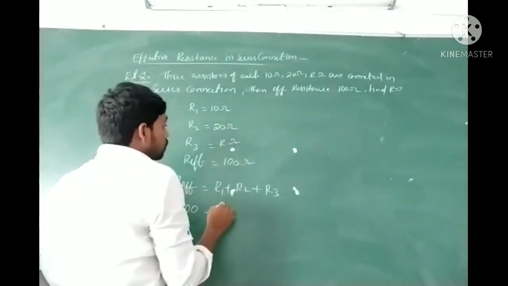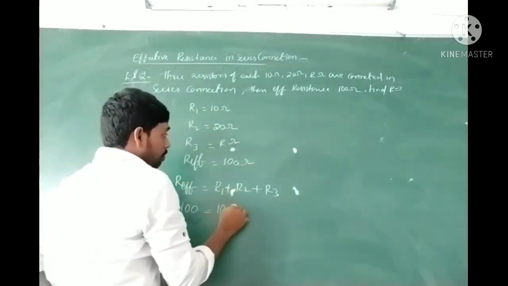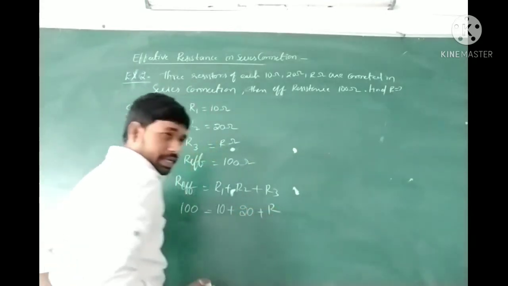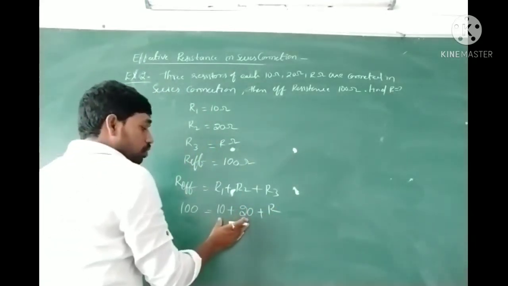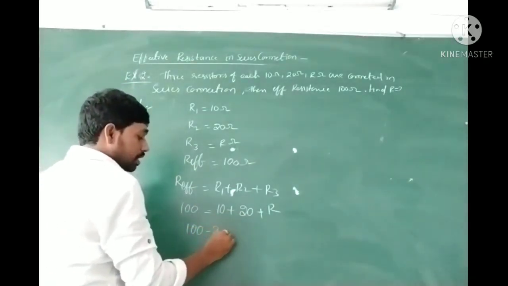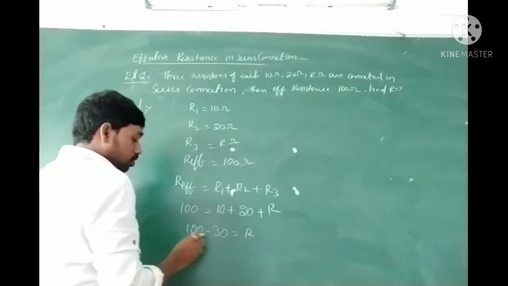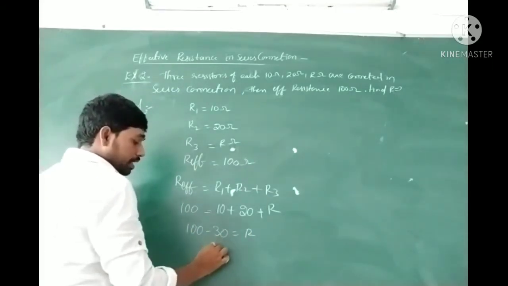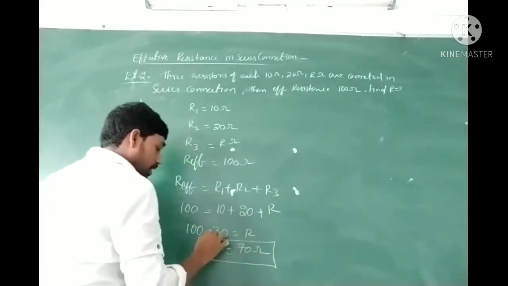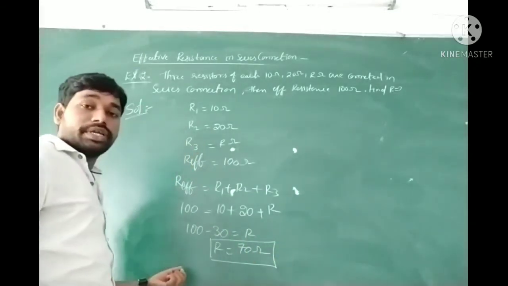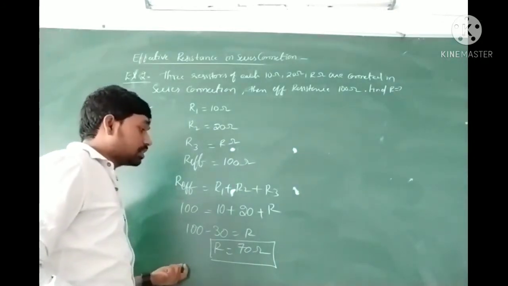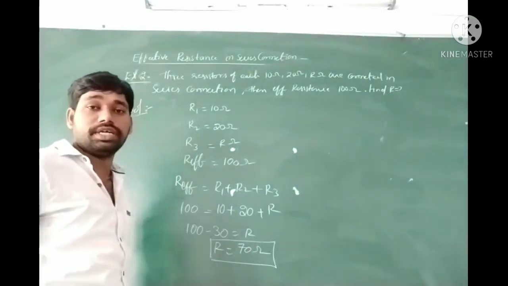So 100 is equal to 10 plus 20 plus R. These two together, 30, go to this side. So 100 minus 30 is equal to R. After subtraction we get R is equal to 70 ohms. So at last we write that the value of resistance R is equal to 70 ohms.